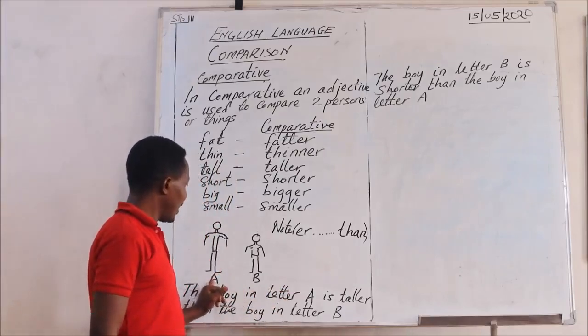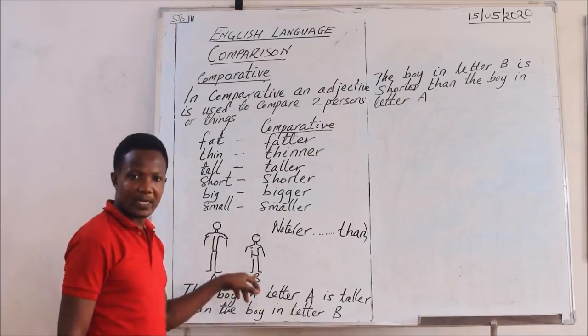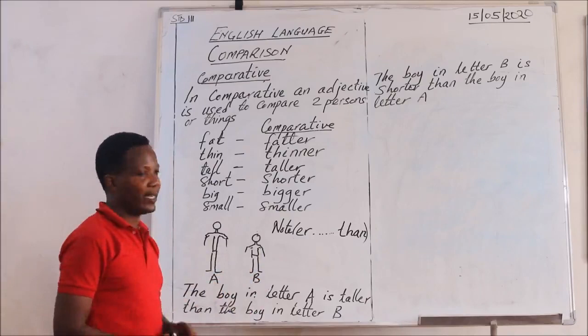The boy in letter A is taller than the boy in letter B. But also, the boy in letter B is shorter than the boy in letter A.